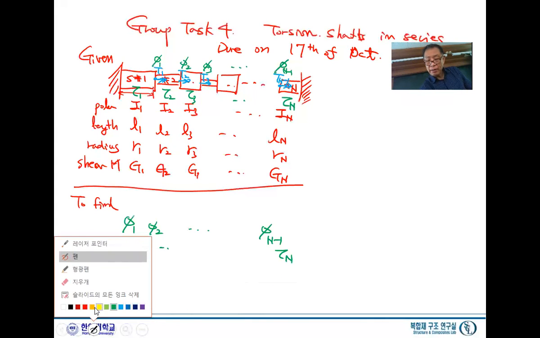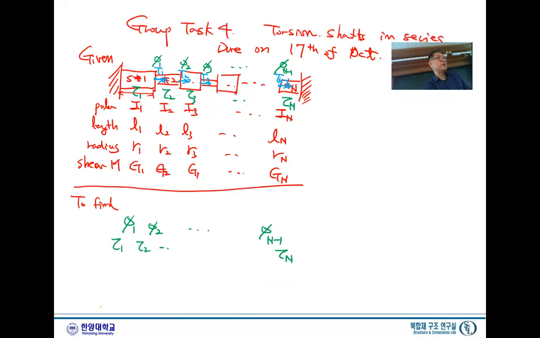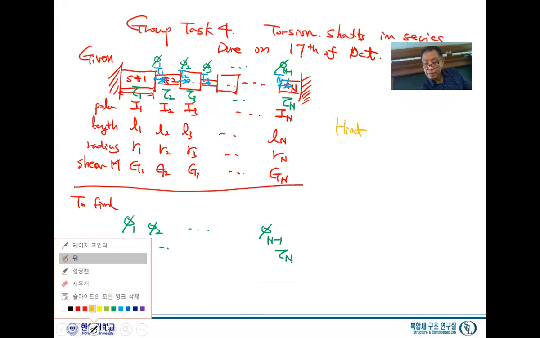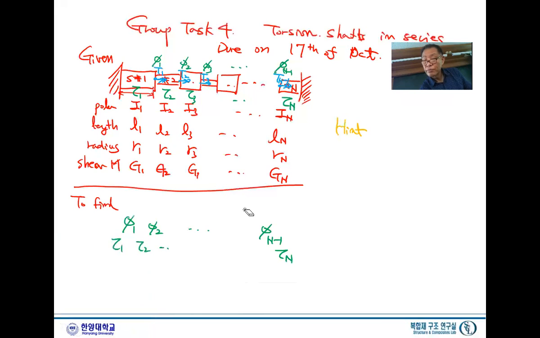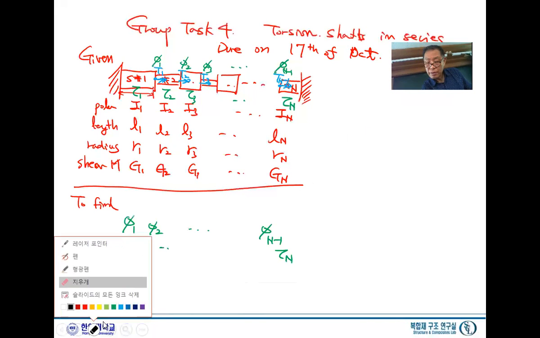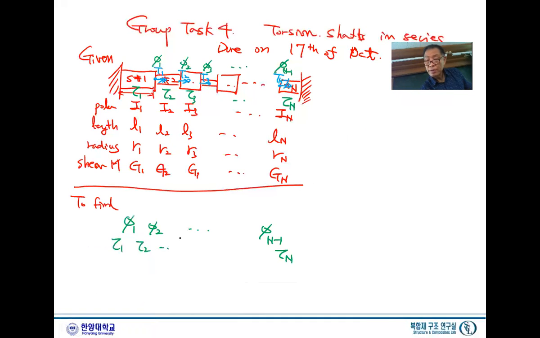I'm going to give you a little hint how to solve this one. Hint. Let's take a look at just one shaft.